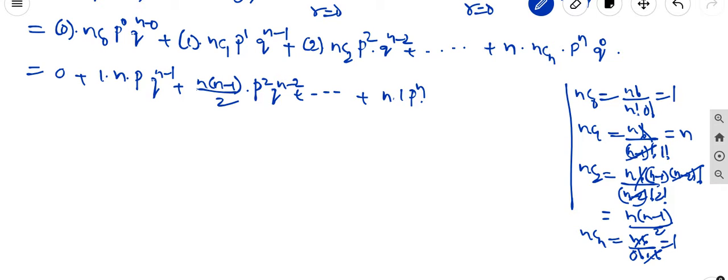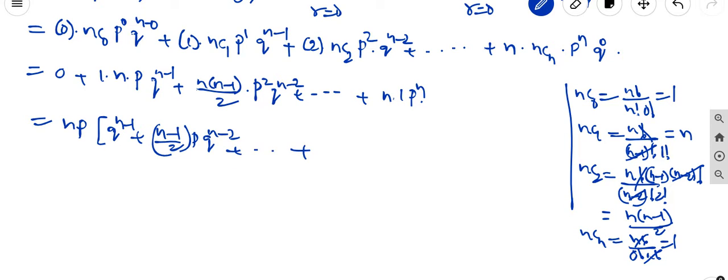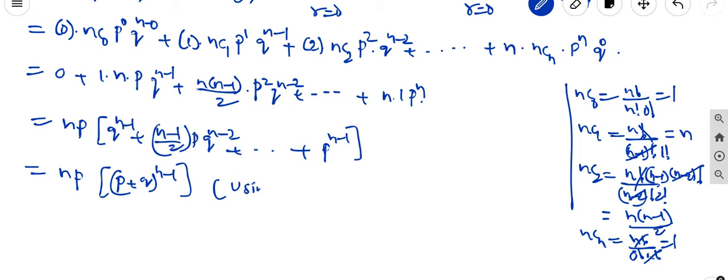So here we take np common in all terms: np into q power n minus 1 plus n minus 1 by 2 into p q power n minus 2 plus so on plus p power n minus 1. This is nothing but p plus q whole power n minus 1, using the binomial theorem.